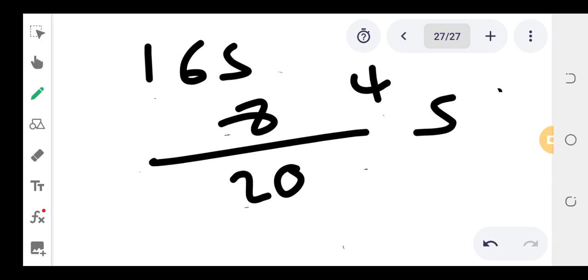Then 8 times 1 we get 8. Then 8 plus 5, we get 13. So we get 13 there.